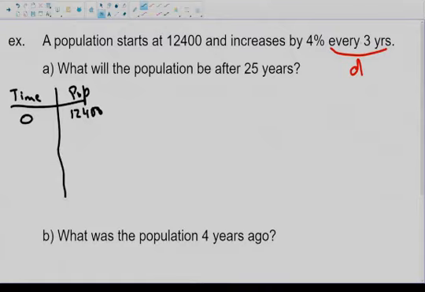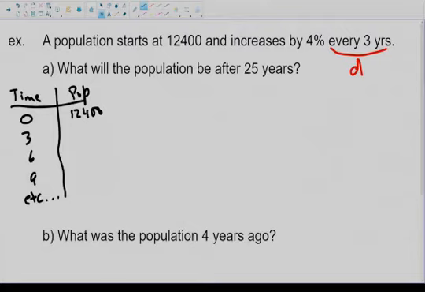If this is increasing every 3 years, what is my table of values going to increase by in the time column? That's right. So we'd go 0, 3, 6, 9, etc.